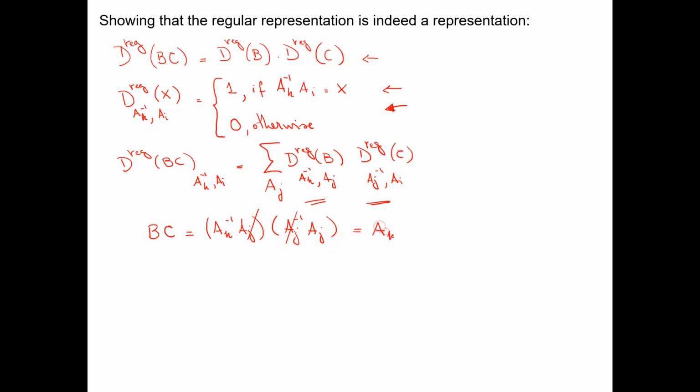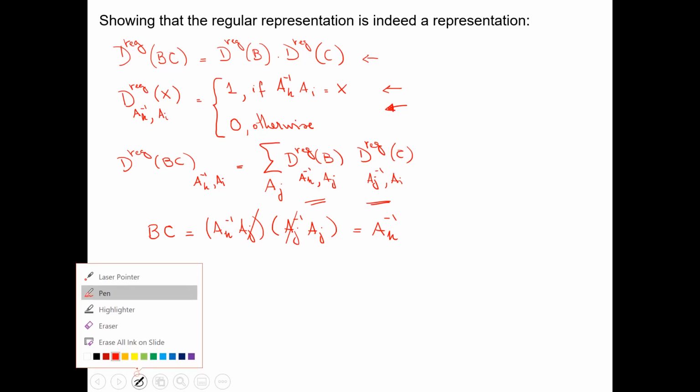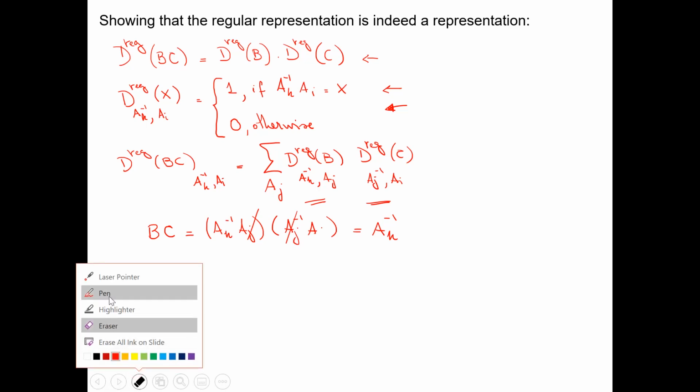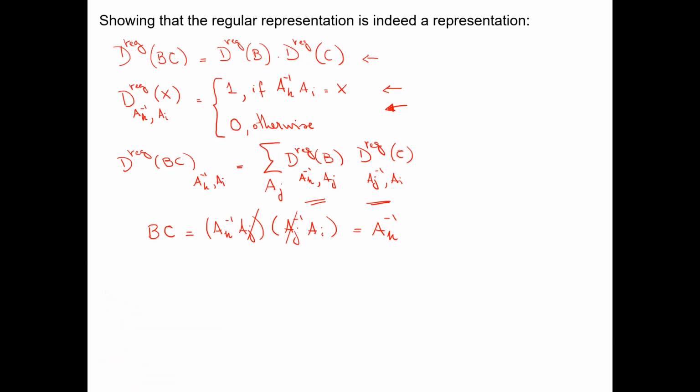This is equal to A_{k-1,i}. So then I arrive at this result, and this is basically the definition of the regular matrix element of BC. Okay.